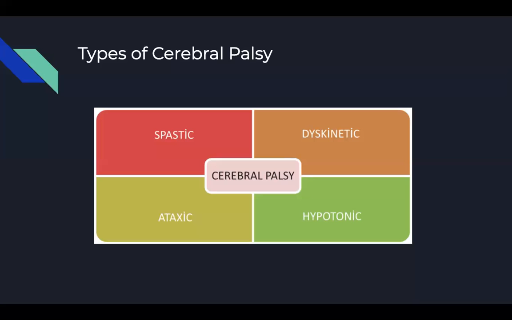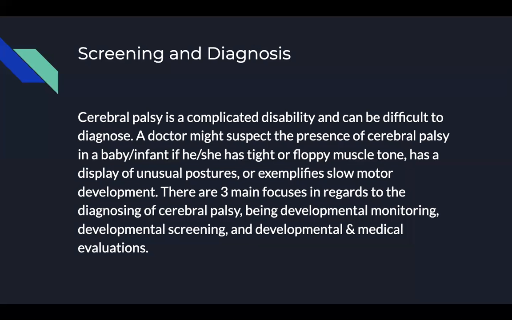So in terms of screening and diagnosis, CP in general is a very complicated disability and can be real difficult to diagnose. So a doctor might suspect the presence of CP in a baby or an infant if he or she has tight or floppy muscle tone, displays unusual postures, or exemplifies slow motor development.